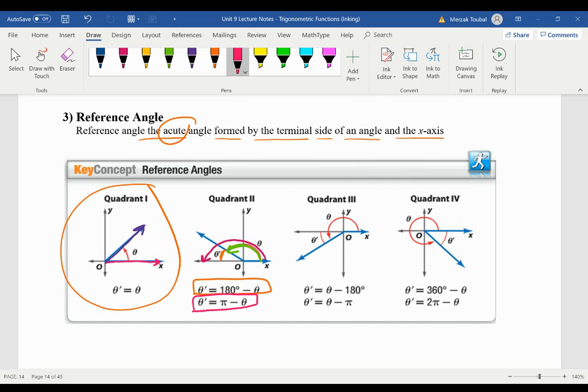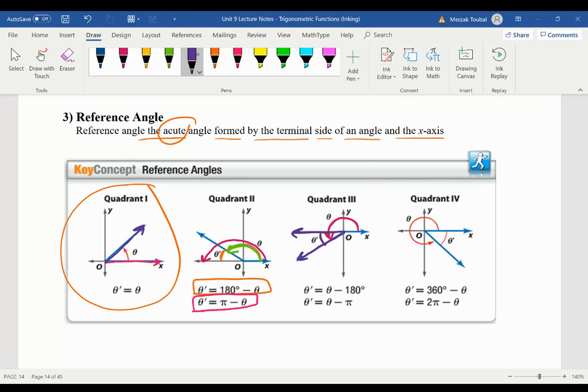Let's look at the case where the angle is in quadrant 3, as we see over here. Then the reference angle, again, is between the terminal side and the x-axis. How do I find this angle?